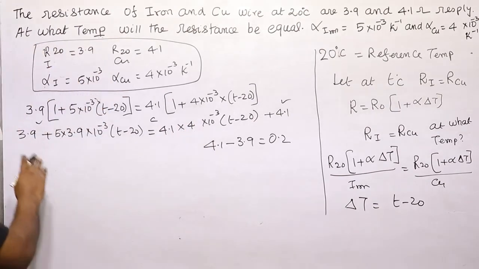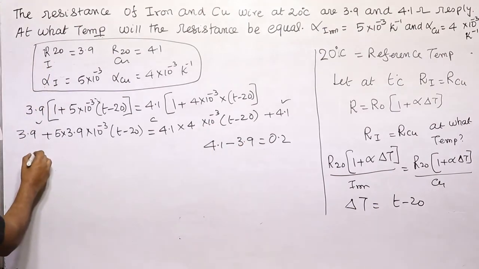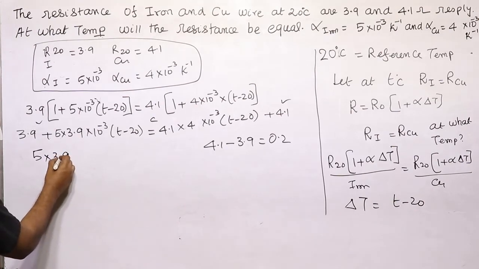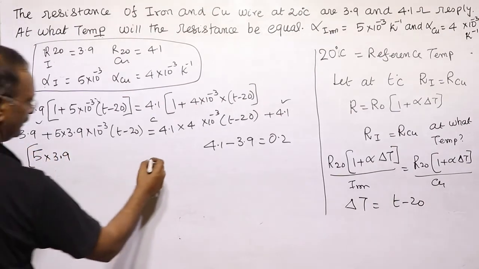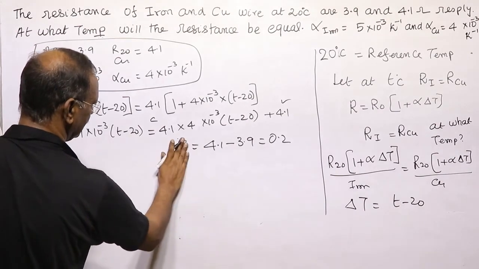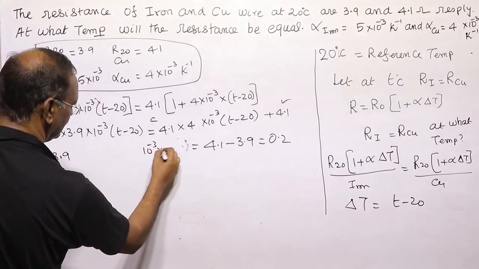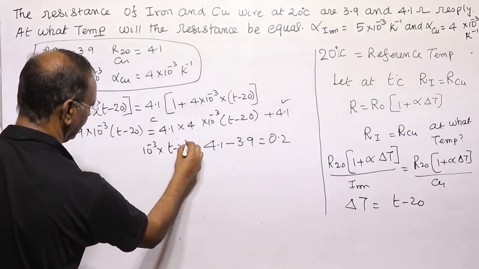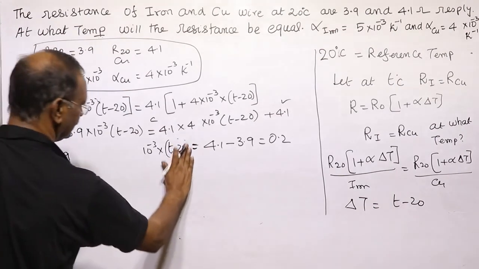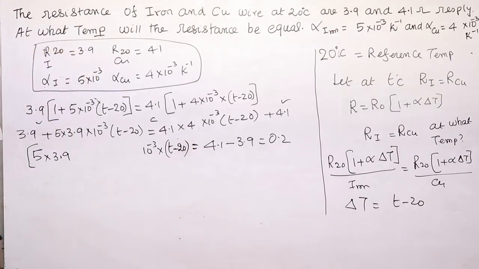Okay, now if these two we have taken that side, this will become 5 into 3.9. Since on both sides 10 to the power minus 3 is common, and T minus 20 is common.